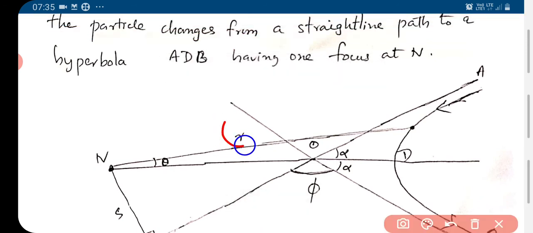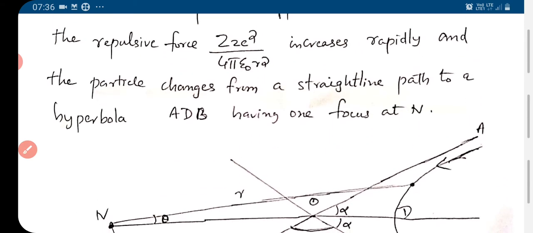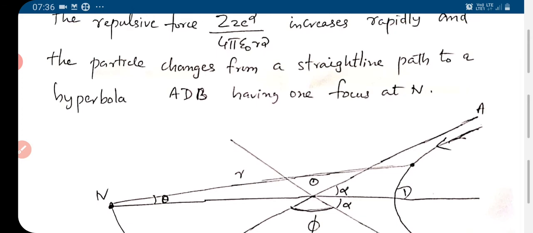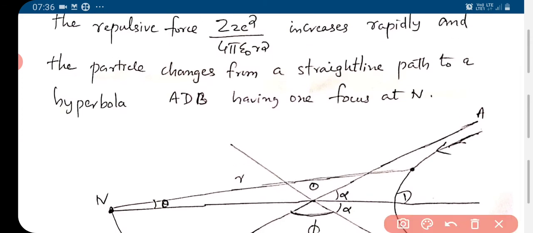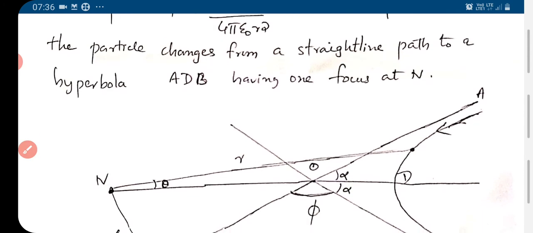This is r, the distance from the point nucleus to the charged particle, and theta. So r and theta are the two plane polar coordinates used to describe it. This repulsive force increases and the particle changes from the straight line path to hyperbola ADB.